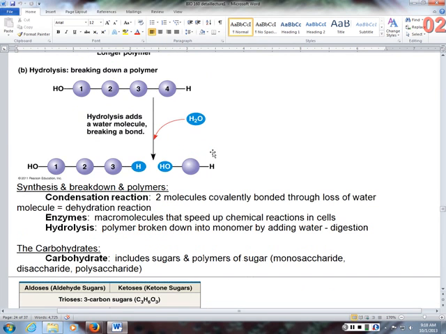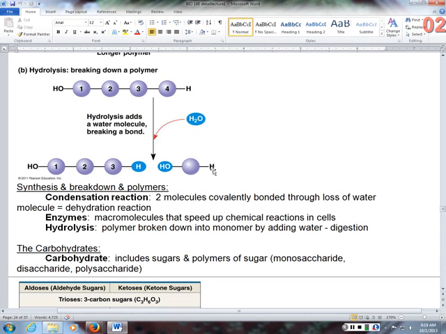The dehydration reactions are sometimes referred to as condensation reactions, because you're going to have the loss of water occur. When water condenses out of the air, it's coming out of the air. When you have a condensation or a dehydration reaction, water is coming out of the reactants.